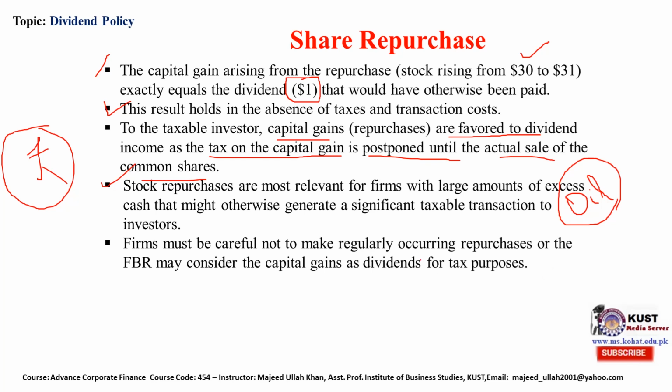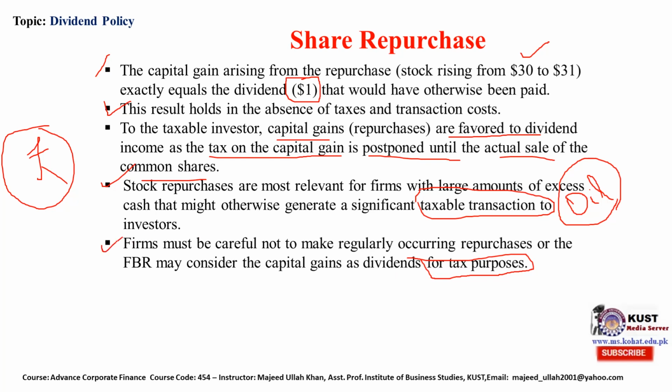So they should consider the tax matter while repurchasing the stock. First, the firm must be careful not to make regularly occurring repurchases, or we may consider the capital gain as a dividend.